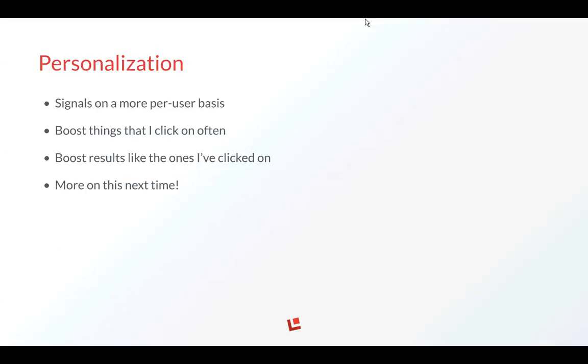Personalization goes to where signals are on a more per-user basis as opposed to the basis of just a search. I'm going to boost things that I personally click on often. I may boost results that are like the ones that I've clicked on, and I'm going to talk more about customer-targeted and personalized search in the next webinar.